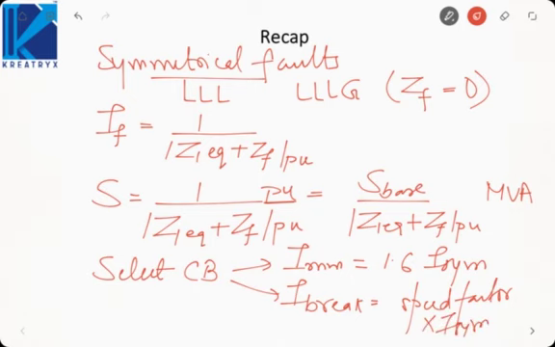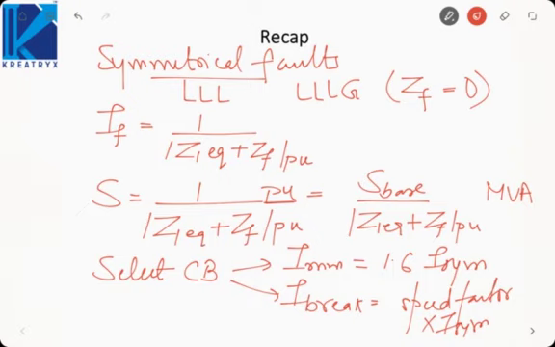But while calculating symmetrical RMS current, we will be considering transient reactance of a motor and subtransient reactance of an alternator. And then we were multiplying it by an empirical factor corresponding to the speed of operation of the circuit breaker, whether it is a 5-cycle, 2-cycle or 3-cycle circuit breaker. So that is what we have covered in the symmetrical fault analysis.